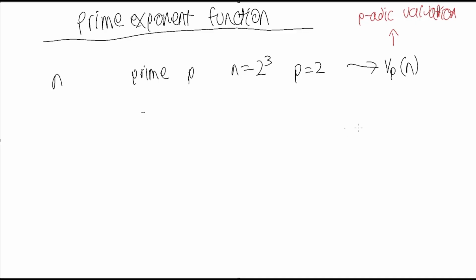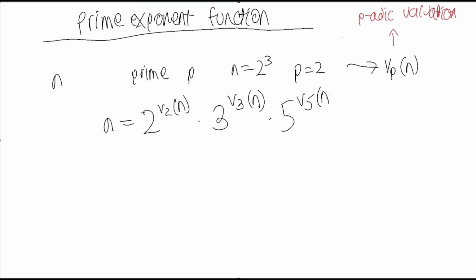Okay, so let's see some examples of the p-adic valuation in play. So first, I want you to see why n equals 2 to the nu 2 of n, times 3 to the nu 3 of n, times 5 to the nu 5 of n, times 7 to the nu 7 of n, and so on and so forth.